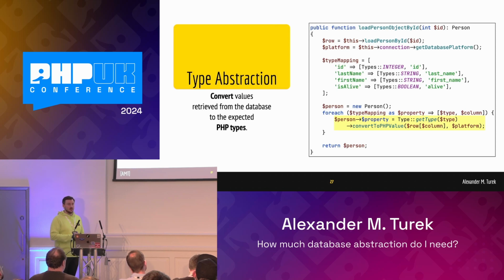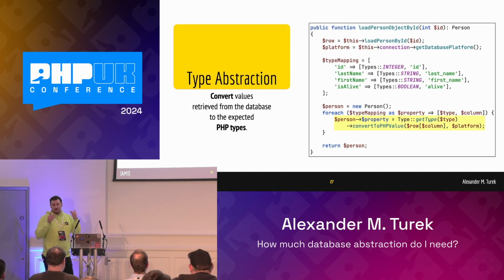I've said this earlier: it would be nice if I could use an actual datetime object in a prepared statement, and with this I can. I don't have an example for this on the slides, but I can just hand over a datetime object, tell the DBAL that this is a datetime, and then it will convert this for me into the string format that my database expects.